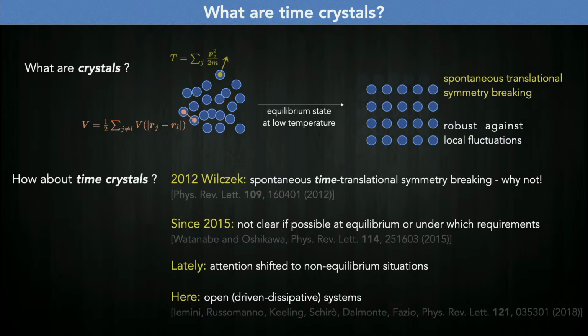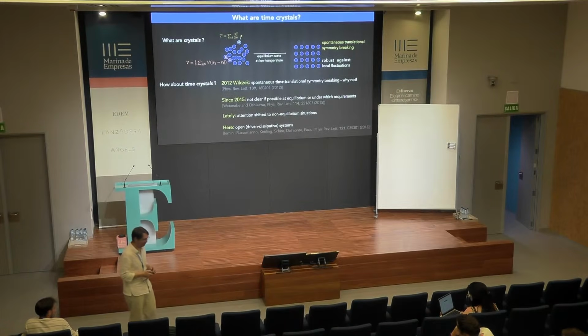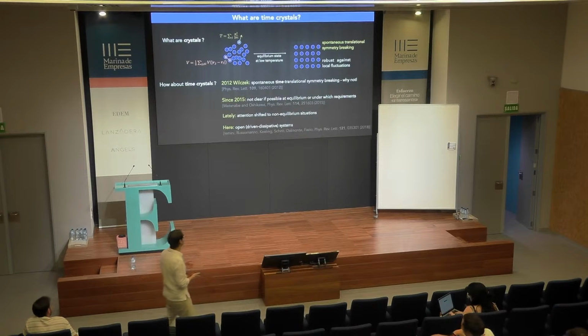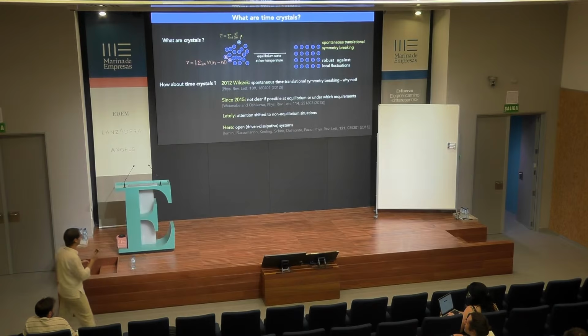I want you to really get the idea of what open systems are and how to use them to create time crystals. I thought it was a matter of respect from me to you to show you how it's done technically.